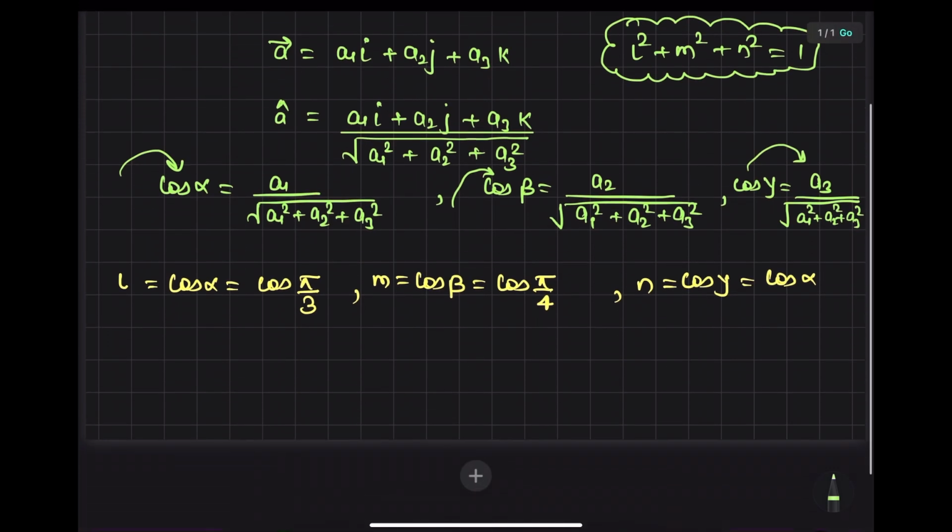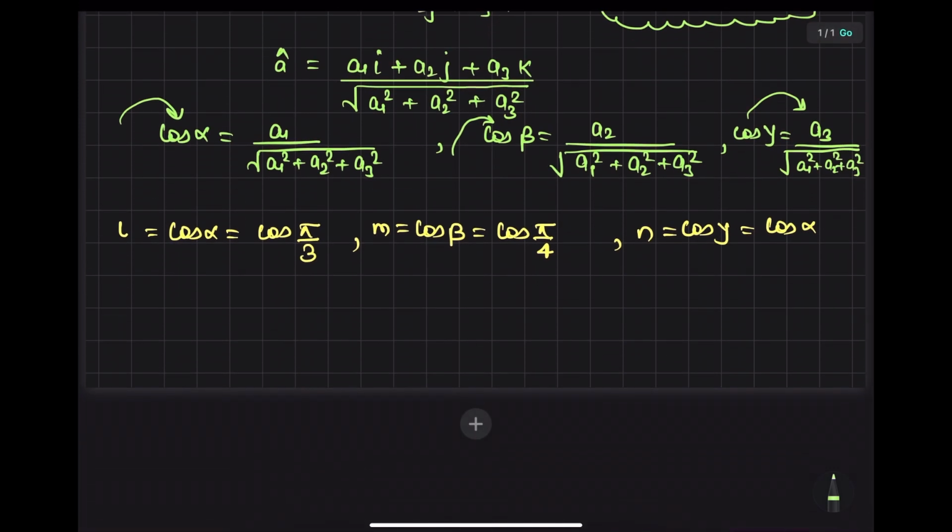Okay, now look at this. So can I write, I'll change the color, cos square pi by 3, meaning cos 60 square, plus cos 45 square plus cos square theta equals 1.